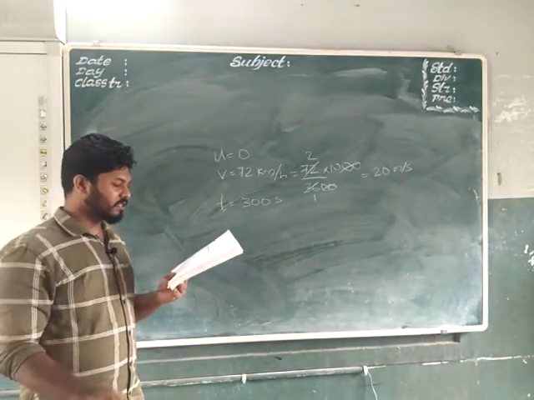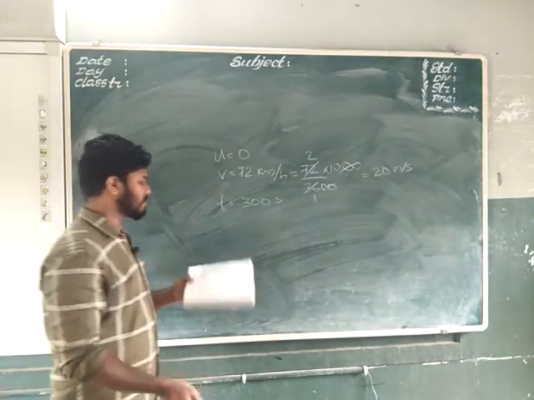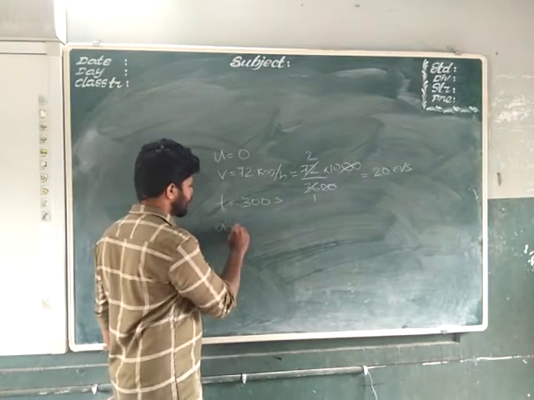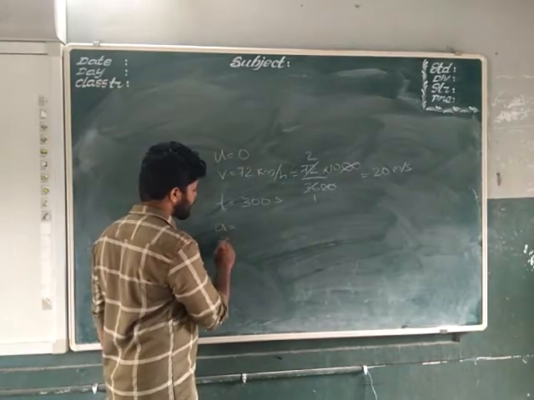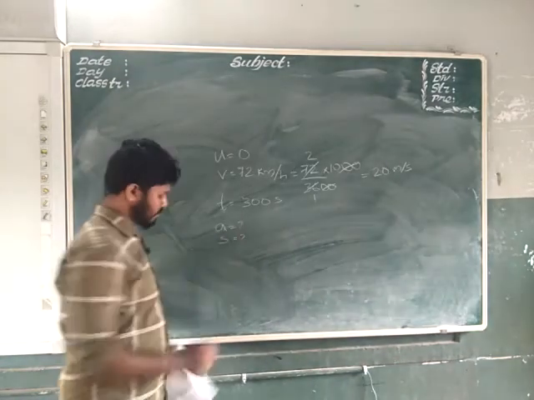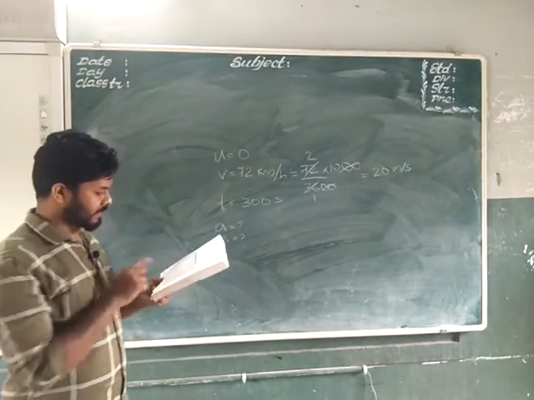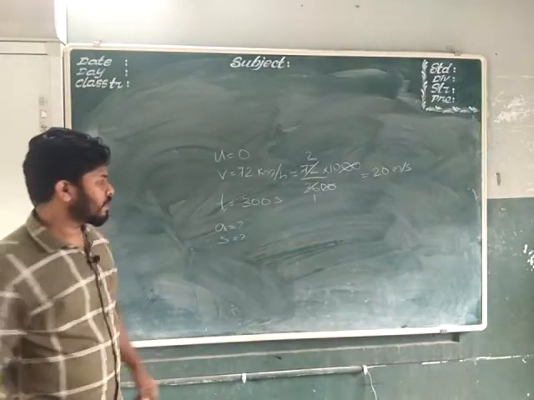Assuming the acceleration is uniform, find acceleration and distance traveled. We have to find a and s, acceleration and distance traveled by the train.